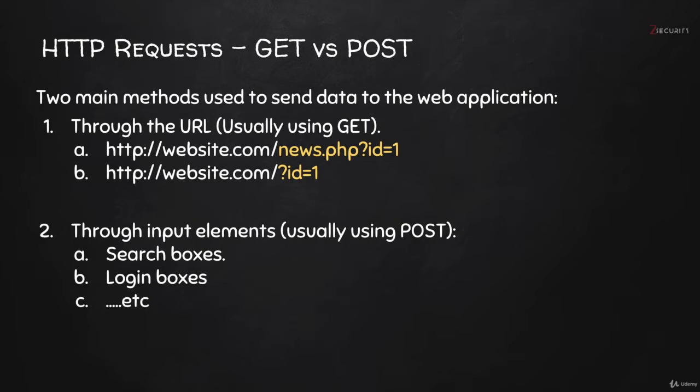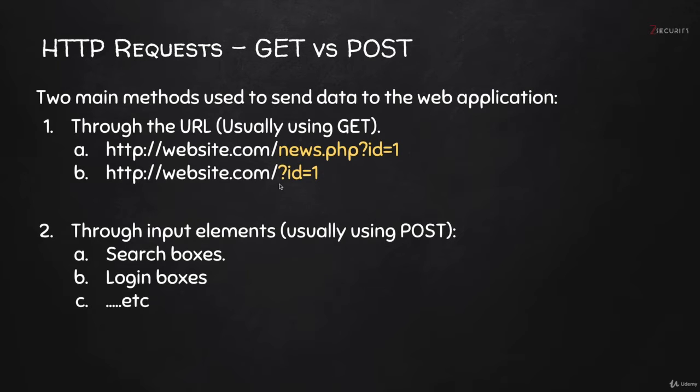Now, usually data is sent to the web server using two main concepts. The first one is through the URL, and you'd usually see the file name that the data is being sent to, followed by a parameter, so you can think of this as a variable, and followed by the value, which is 1 in this example.